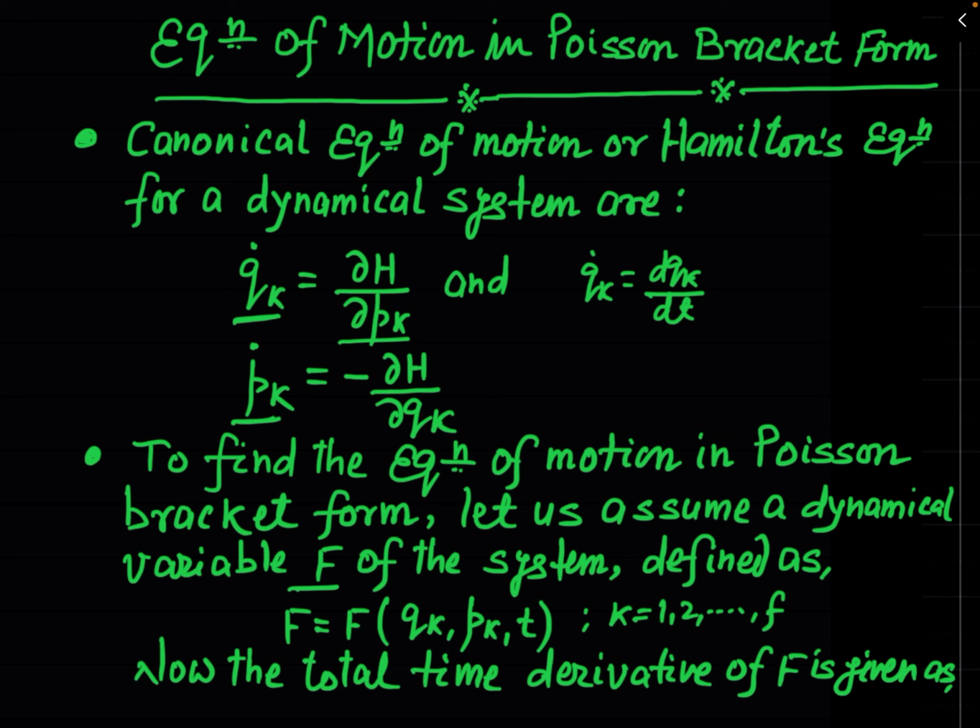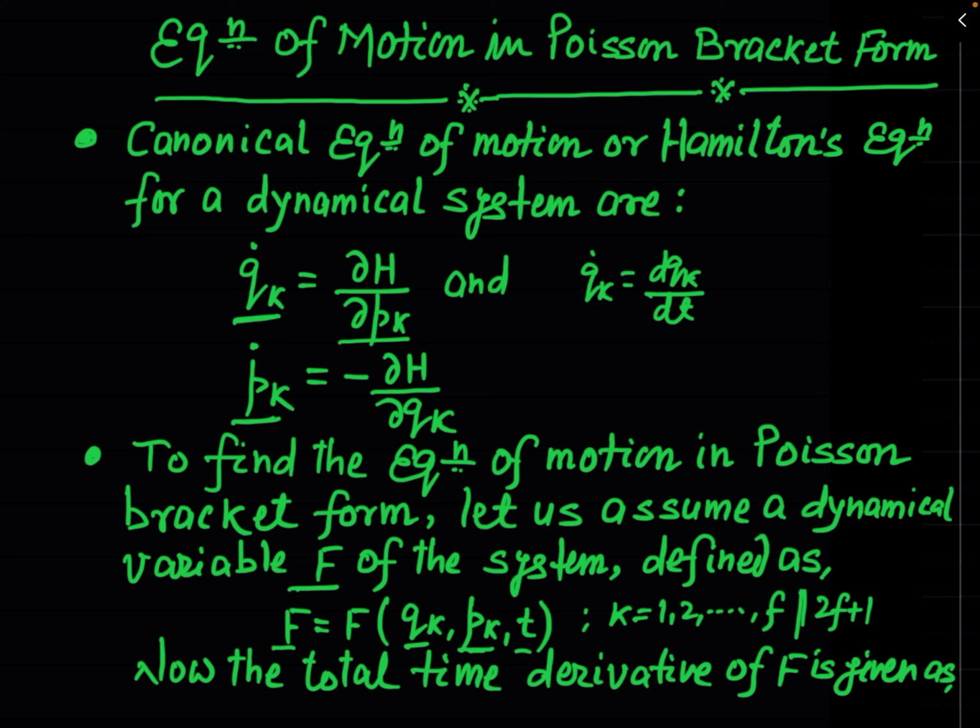So if you want the equation of motion in terms of Poisson bracket, for the dynamical variable f, a function of qk, pk and t, you must first find the total time derivative of f. Since f is a function of 2f plus 1 independent variables, qk has f values, pk also has f values, and t has one value, so the total number of independent variables is 2f plus 1.